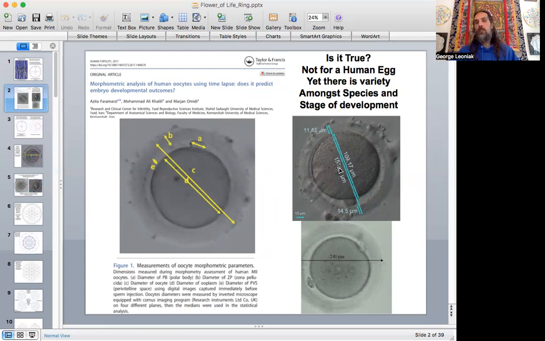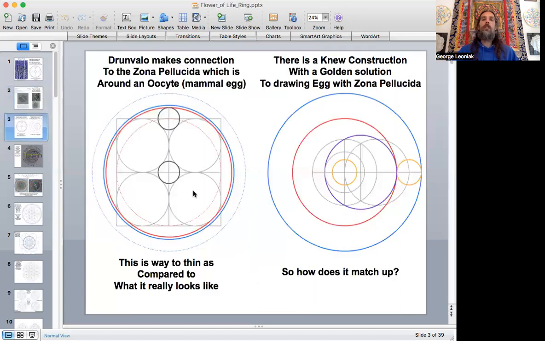And you can see some other measurements, a variety of different types of measurements according to the different surveys. These could be different animals. I know this one's a human one. I believe this is human as well. But that distance for the outer Zona Pellucida, just from eyeballing it like this, is really quite different than what we are seeing within this diagram. So I'm curious about that.